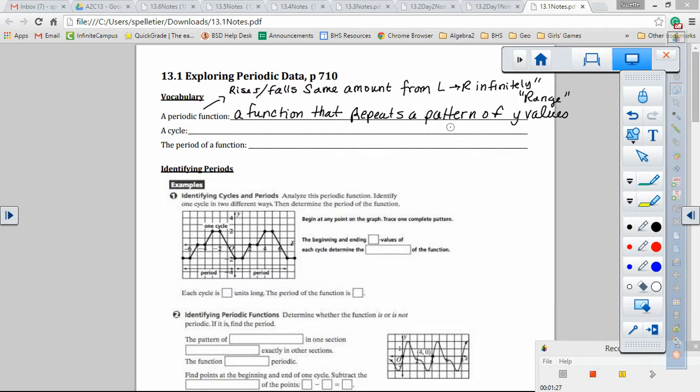Okay? It rises and falls by the same amount, so it's always going up and down by the same amount, left to right, infinitely, so in both directions forever and ever.